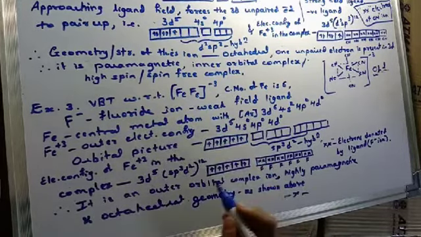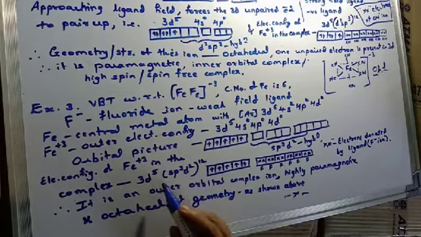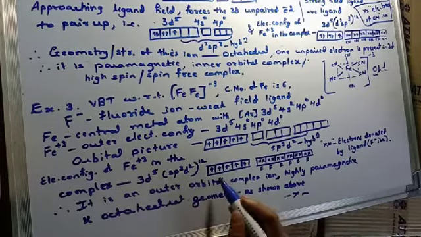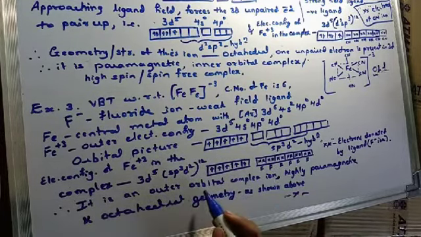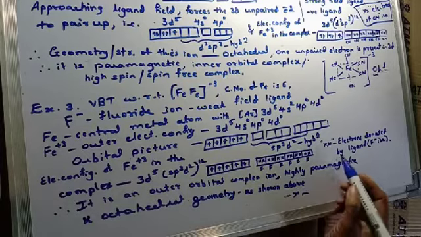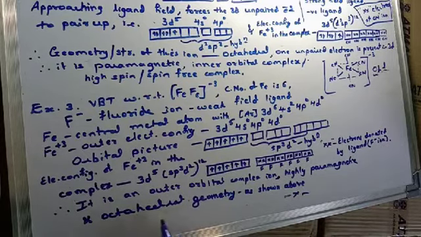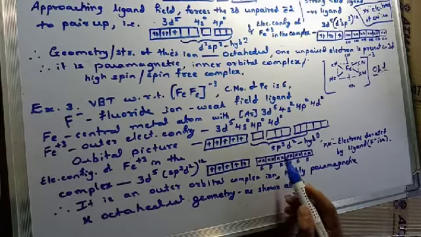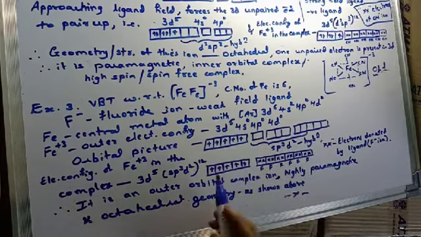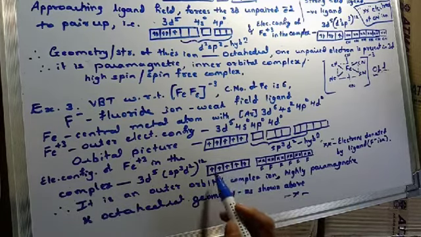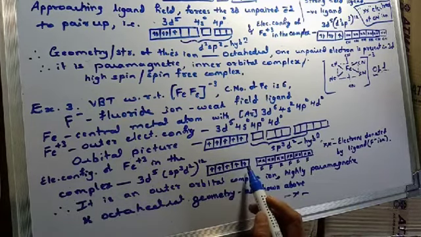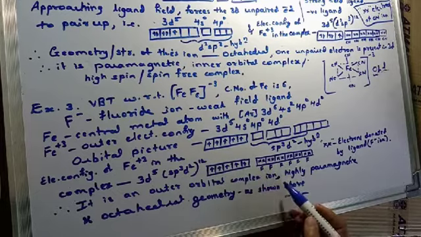So now the electronic configuration one can write like this. As per its geometry, it is octahedral in nature because the type of hybridization is sp3d2, and this complex contains 5 unpaired electrons in its d orbital, hence it is highly paramagnetic.